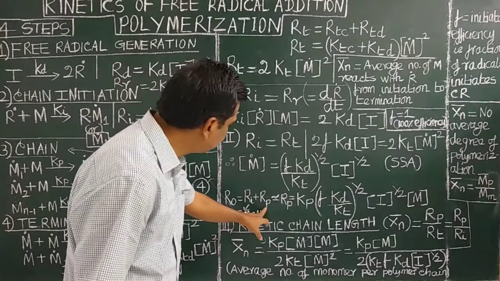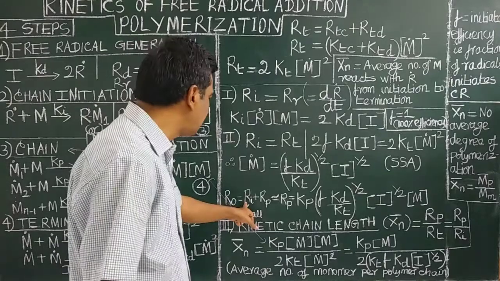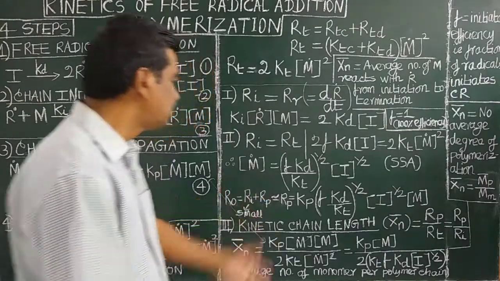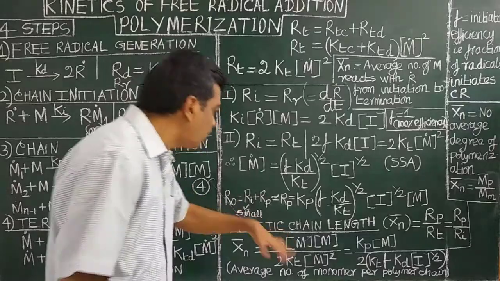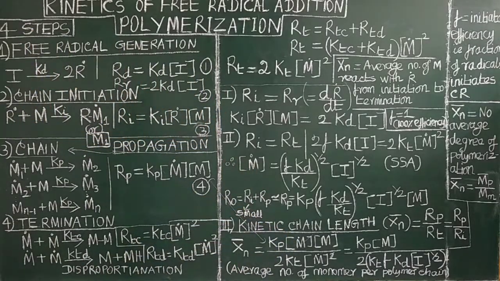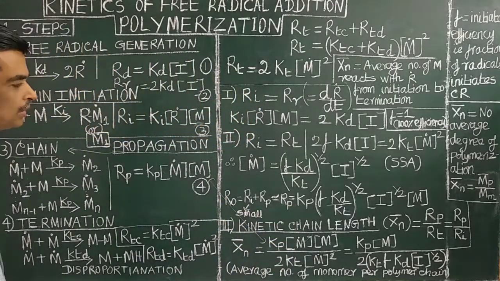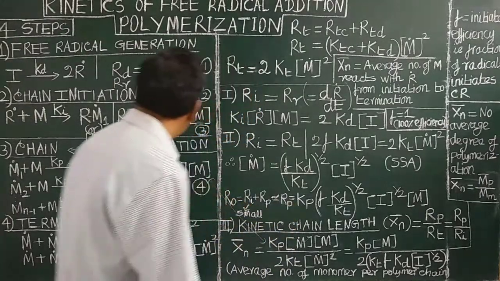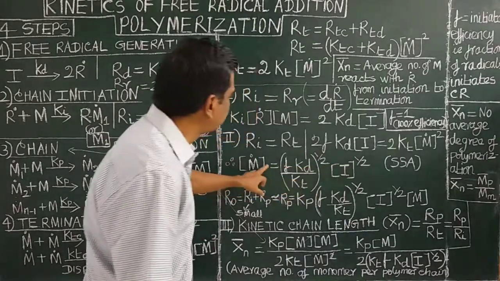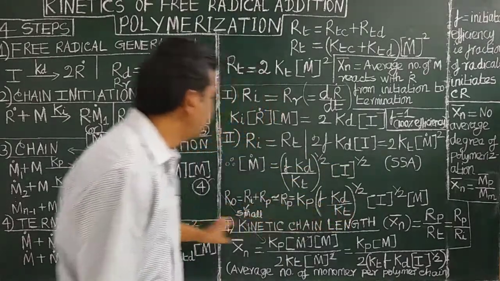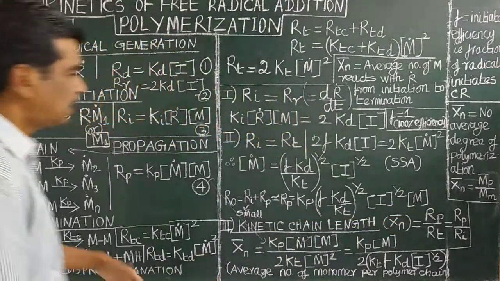Therefore, the rate of propagation is much greater than the rate of initiation. Therefore, the overall rate of reaction is considered equal to the rate of propagation. Therefore, Kp, M dot, we have obtained this, you substitute here, and then concentration of M.